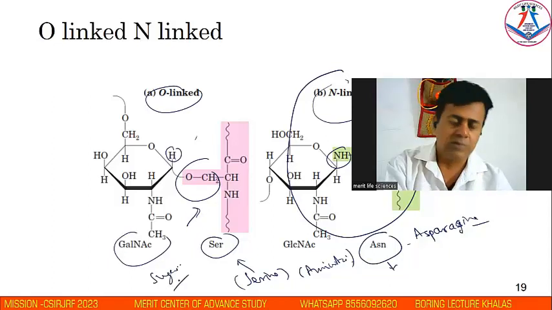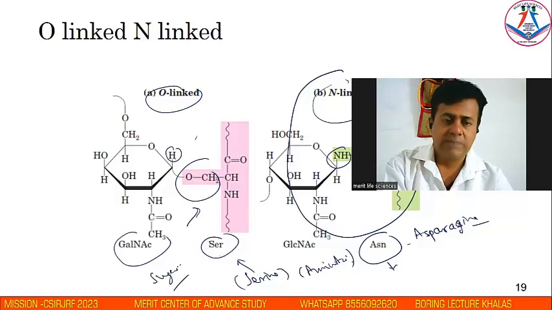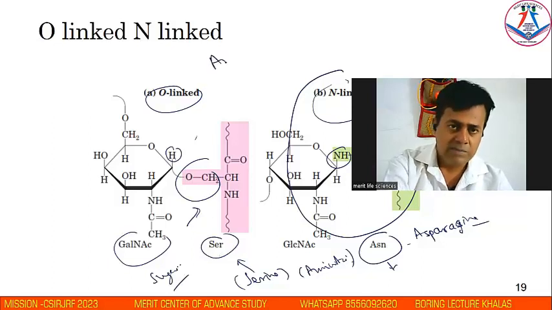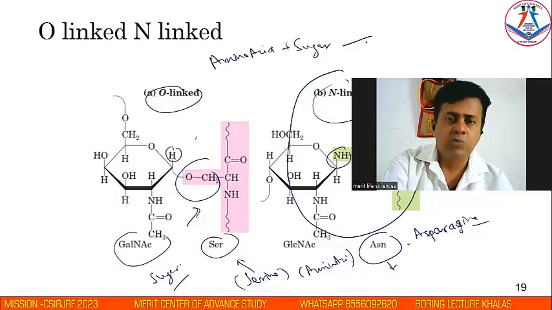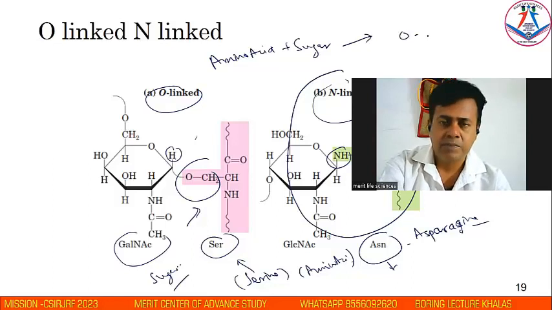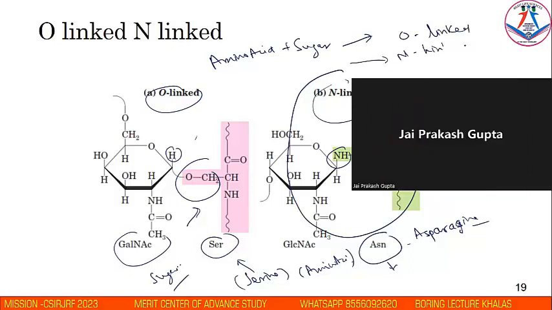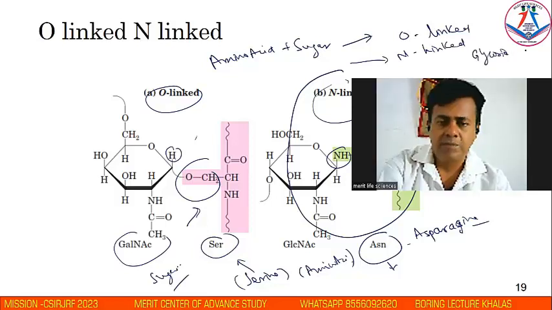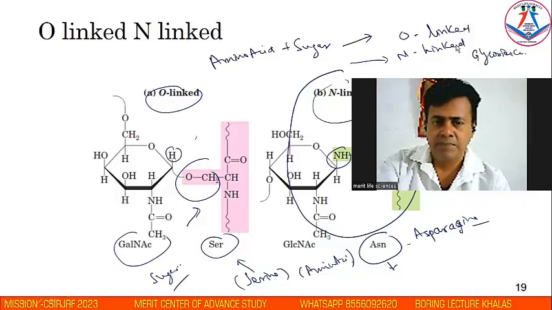Sugar to sugar is also a glycosidic bond, but if it is amino acid plus sugar, then there are two types of bonds: O-linked glycosidic and N-linked glycosidic bonds. ठीक है?